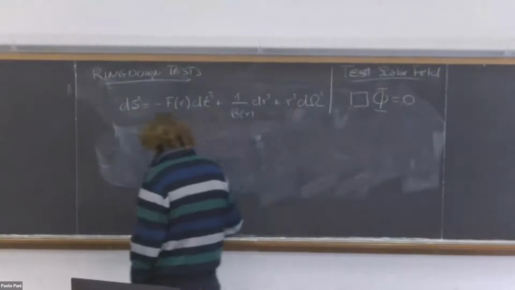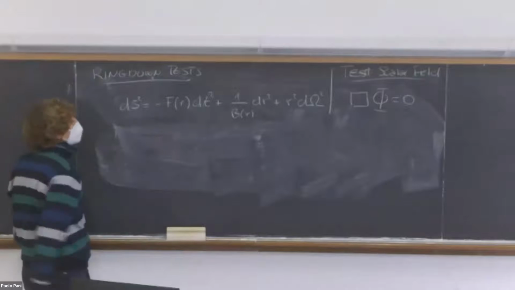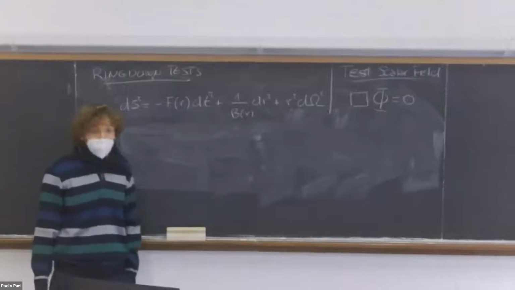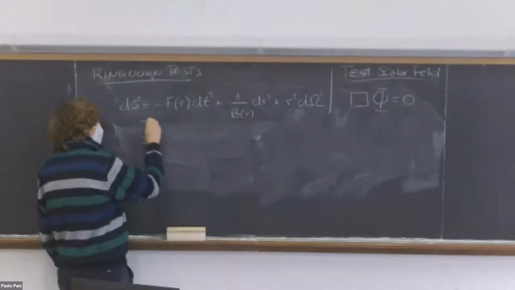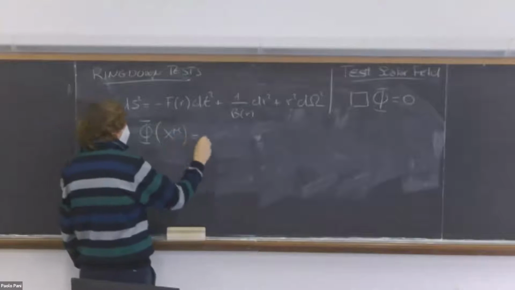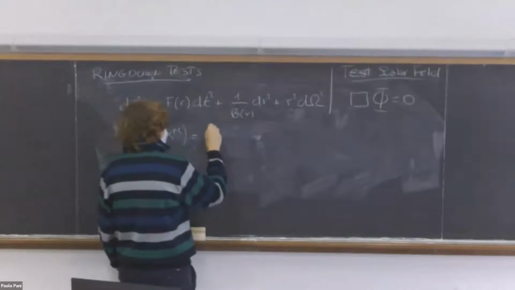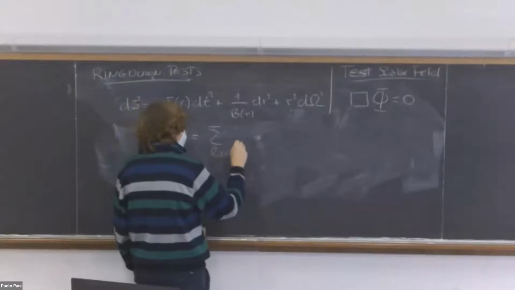Of course, the metric is described by the tortoise coordinate. So it's simple to use the fact that this metric is spherically symmetric and stationary, and use this fact to decompose this field that generically depends on all spacetime coordinates in a suitable basis of spherical harmonics.